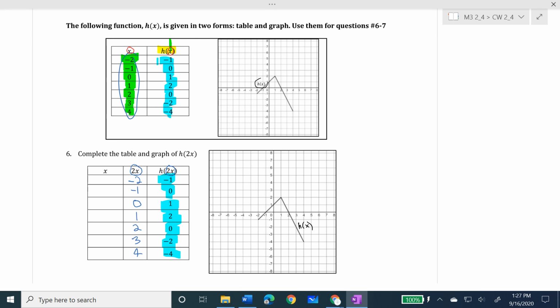Does this make sense so far, what I have? Ms. Blanchard, I have a question. Yes. It looks like the numbers in the 2x column just look like the x coordinates. Yes, they are. You put them in the 2x? Yes, I did.